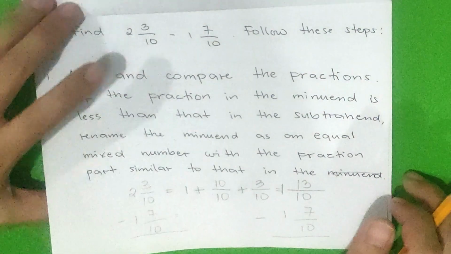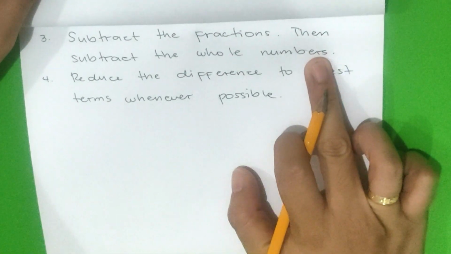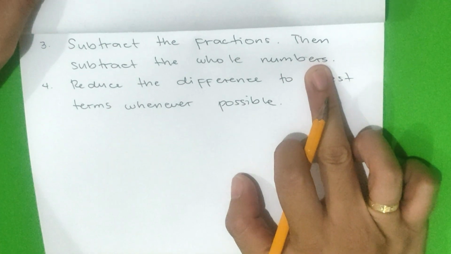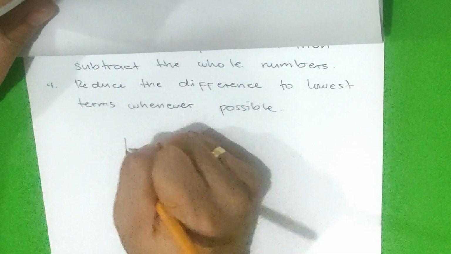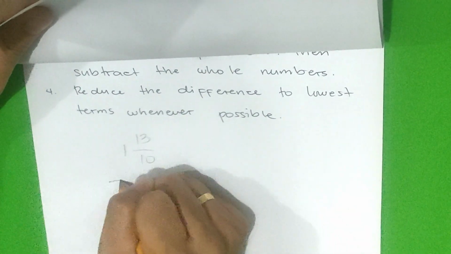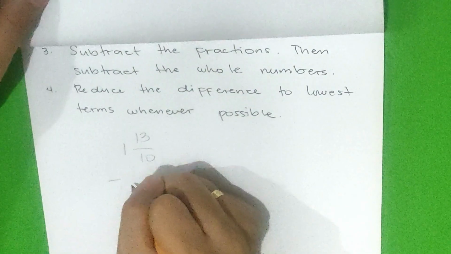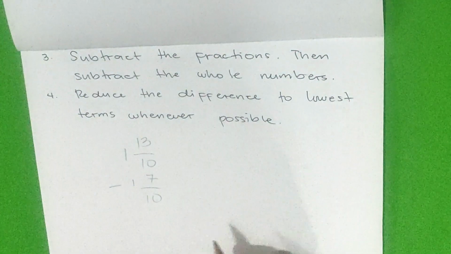Let's proceed with the third step. Subtract the fractions, then subtract the whole numbers. Our new minuend is 1 and 13/10 minus 1 and 7/10.